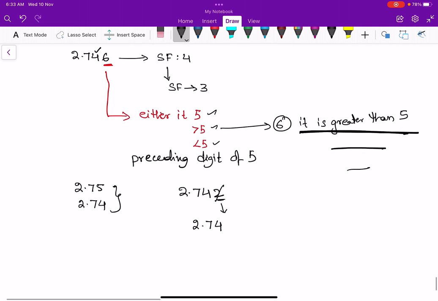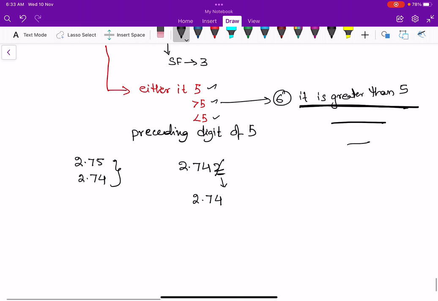Next, if it is 5, another one, 2.225. How many significant figures are there? 3 are there.